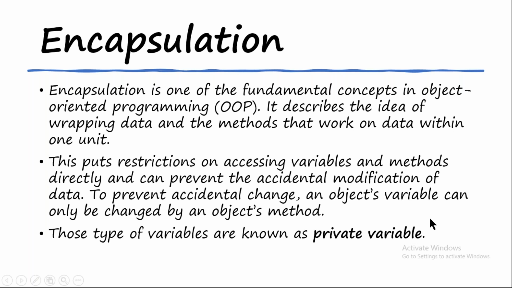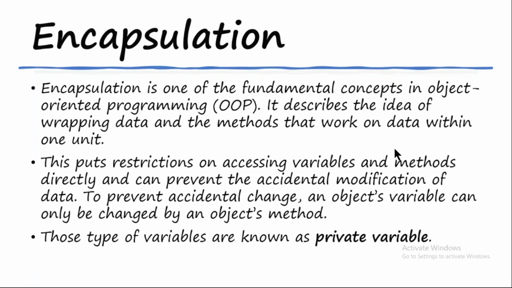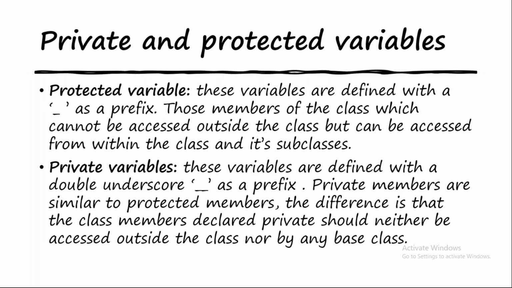Okay, so this type of variable is known as a private variable. There are two types of variables, protected and private, but the most efficient one is private. Protected variables are not that effective; it just tells that it's protected. Let's see how we define them.